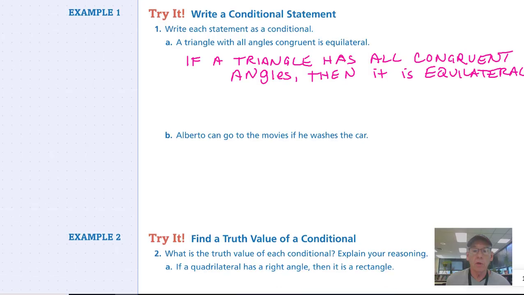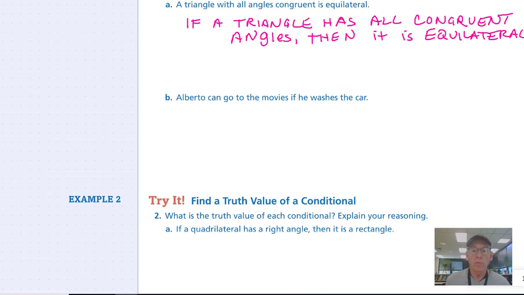Okay, let's look at number B on here. Alberto can go to the movies if he washes the car. So this is kind of our P part already. So if Alberto washes the car, then he can go to the movies.